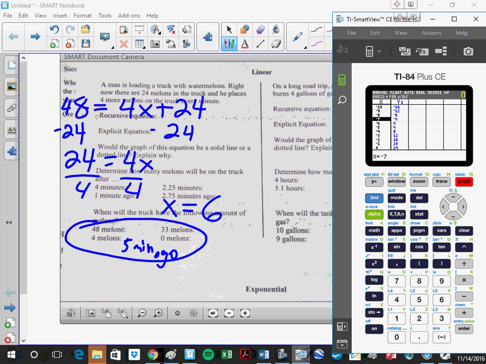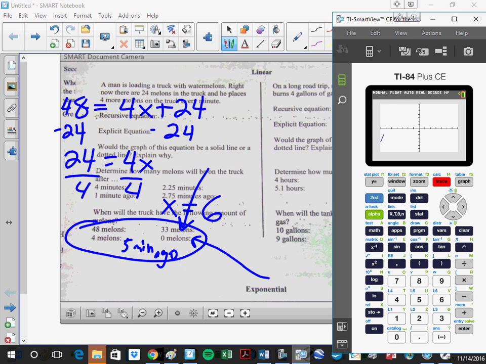This one's pretty easy. How long ago were there no melons on the truck? 6 minutes ago, but that is a little bit tougher. 33 melons. So one thing you can do, well, it doesn't really work that way.